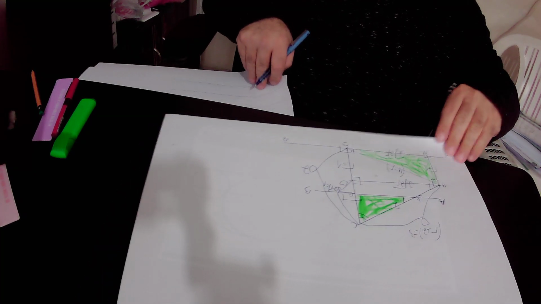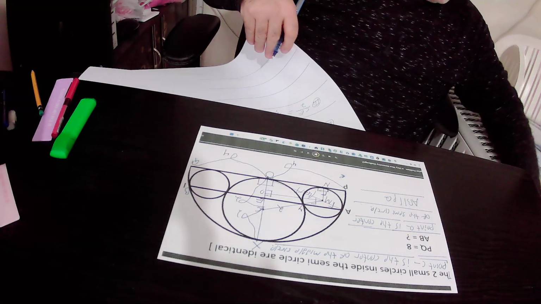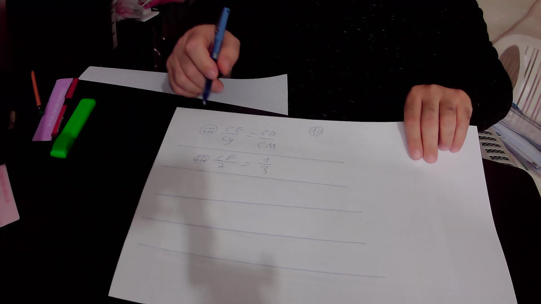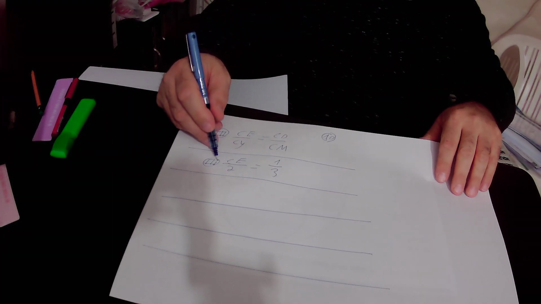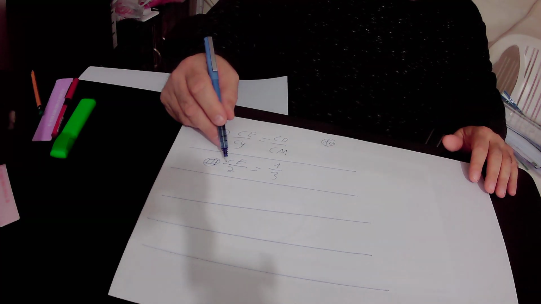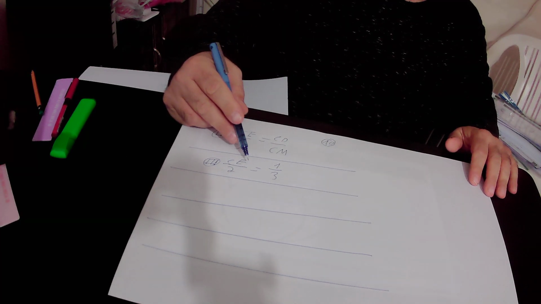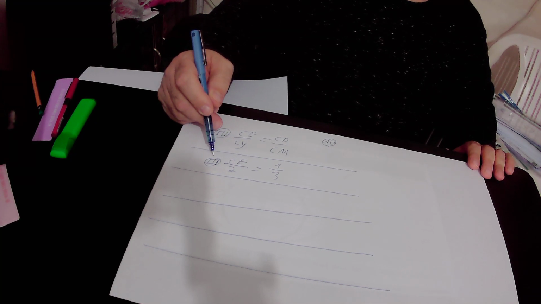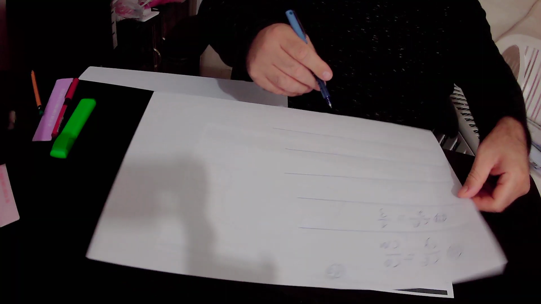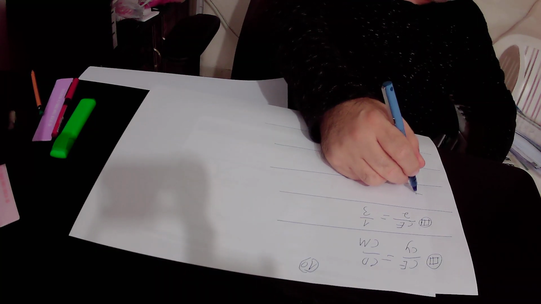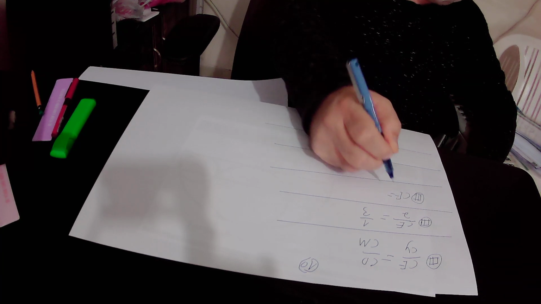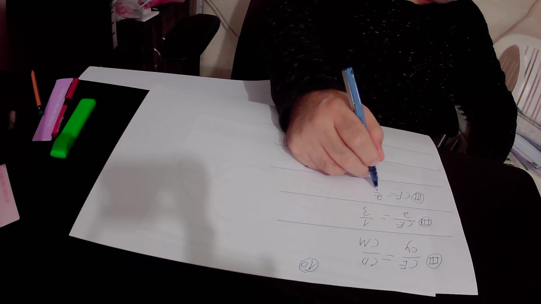So in total, we found out that according to equation number 3, CE over 2 equals 1 over 3. Here we will multiply equation number 3 by 2, and we will get that CE equals 2/3.